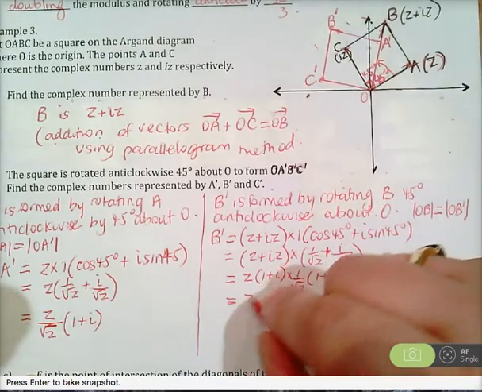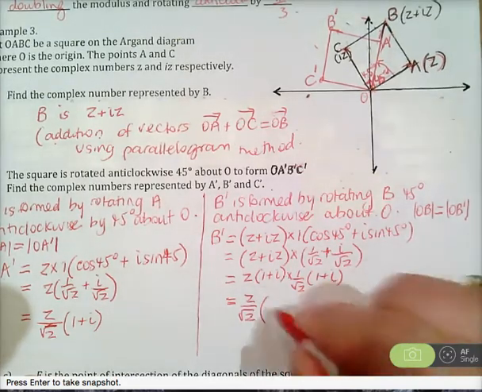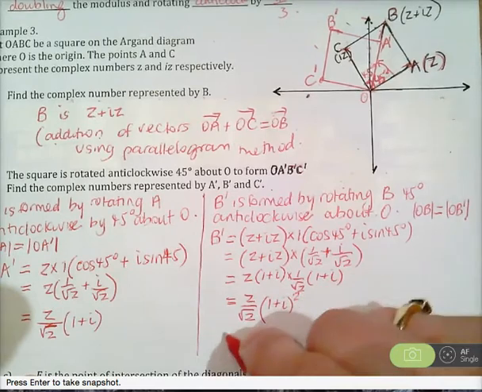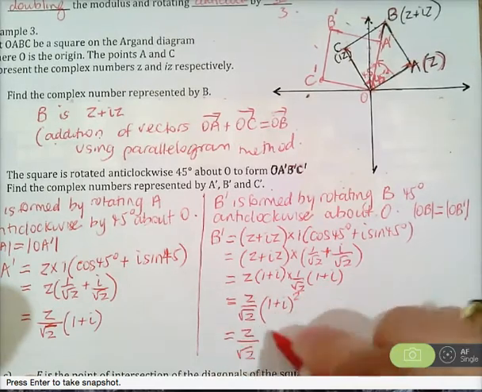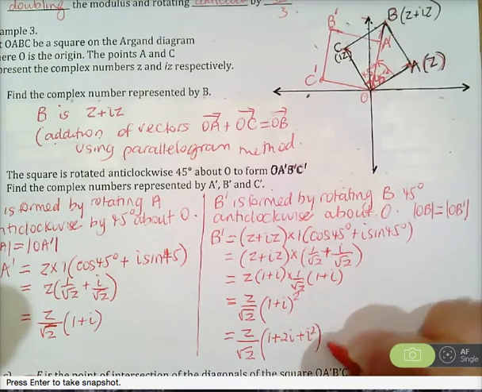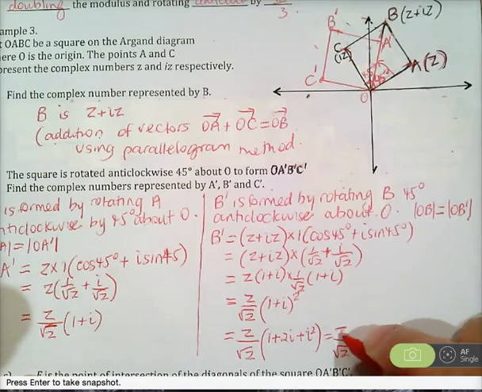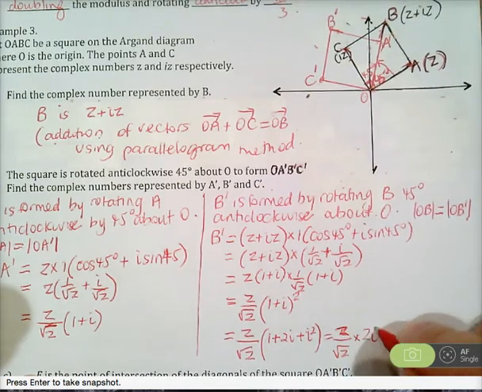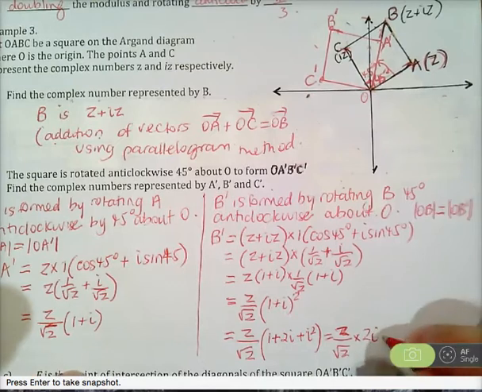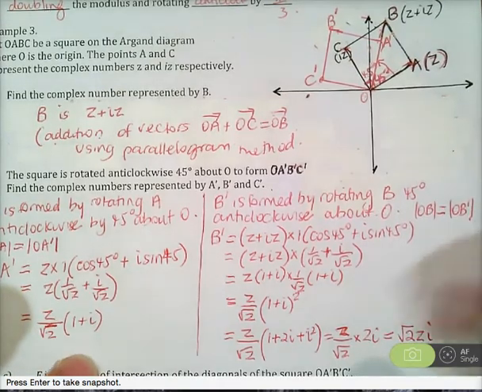So I've got Z on root 2, 1 plus I squared. 1 plus I squared is 1 plus 2I plus I squared, which is minus 1, because I squared is minus 1. So Z on root 2, basically 1 minus 1 is 0, so times it by 2I, okay? Which is, 2 on root 2 happens to be root 2, so it's root 2 ZI, okay? That's what B dash is.